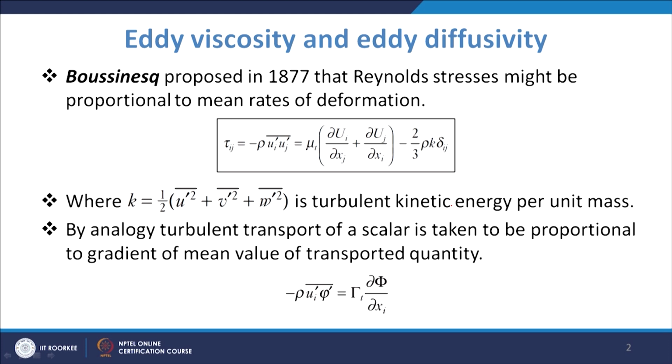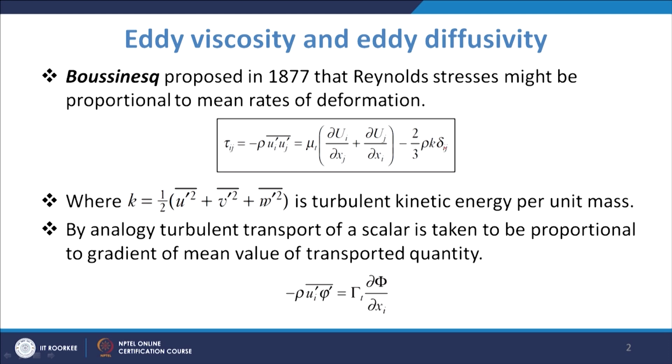Now, this mu t is the turbulent viscosity or the eddy viscosity. Based on that you will have the term nu t. Nu t is nothing but mu t by rho, so that is the kinematic turbulent viscosity.